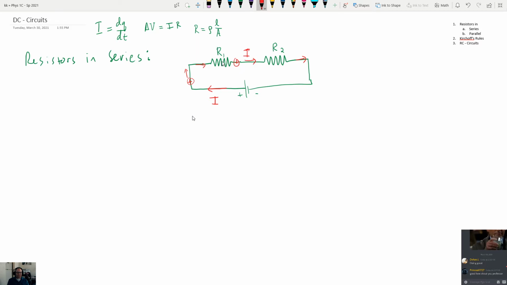The resistor can't somehow absorb the charge, right? The charge can't really escape the system very freely. So what we say is that any charge that flows in also has to flow out, and that implies that the current flowing through this resistor is going to be the same as the current flowing through the other resistor, because that same little charge is going to eventually have to make its way over to here and continue back through the circuit like this. So we basically say that for resistors in series, each resistor is going to have the same current.